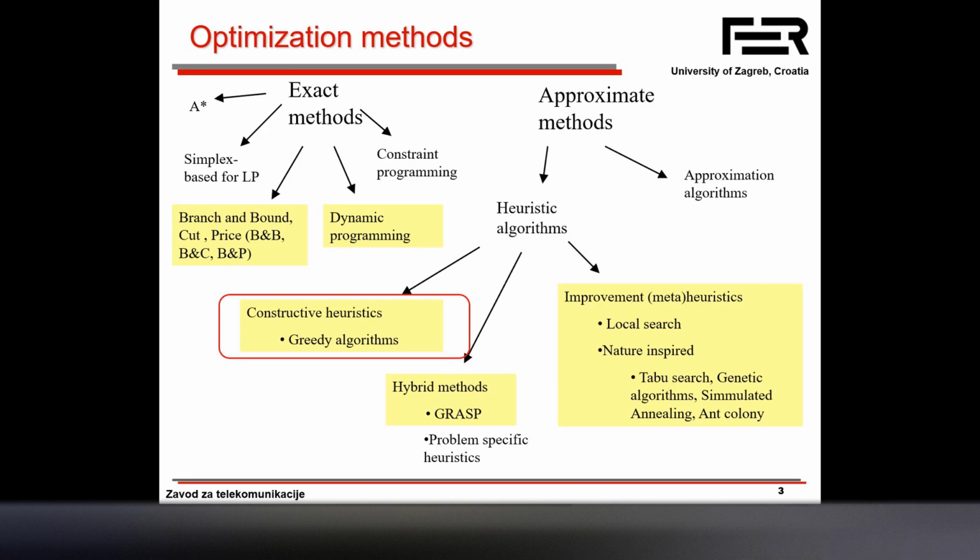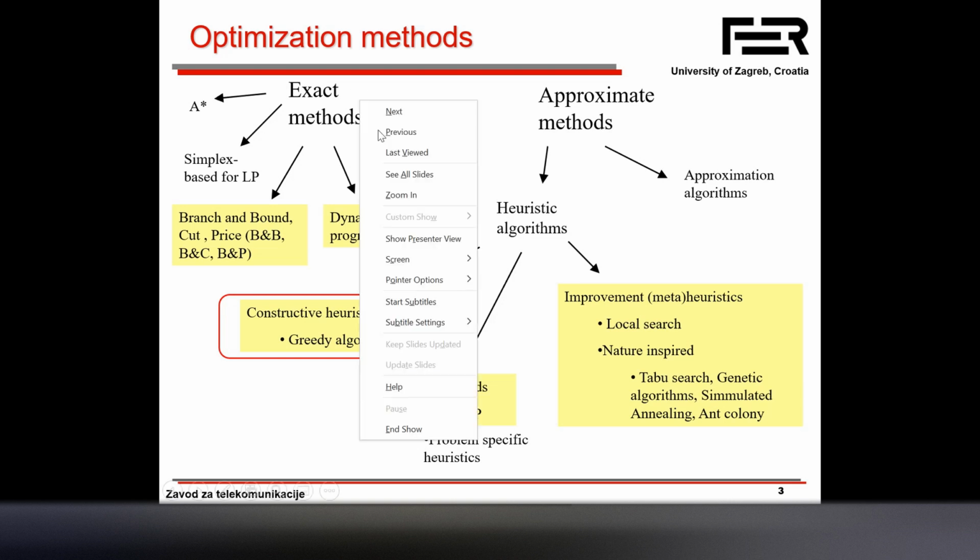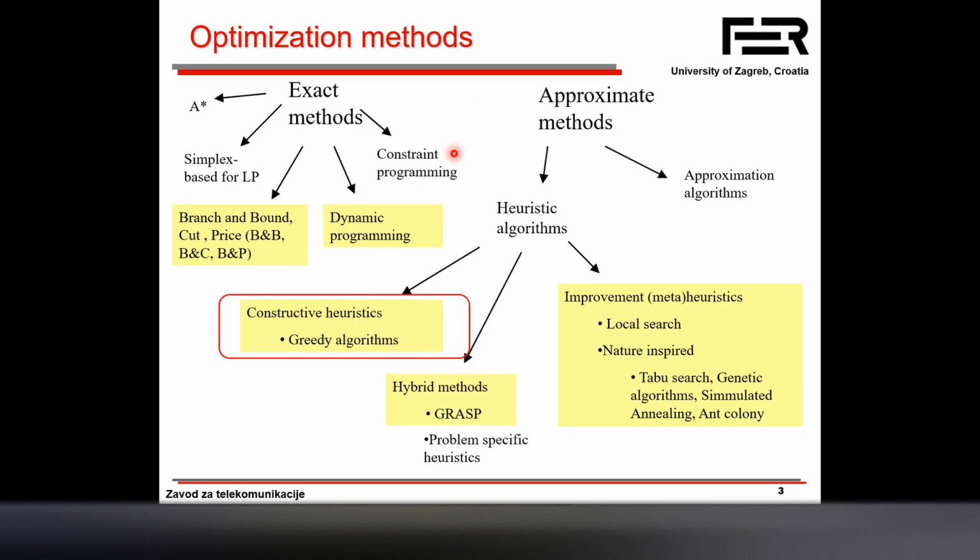Looking at our classification that we talked about previously, we can split between exact methods and approximate methods. We talked last time about branch and bound and dynamic programming as examples of exact methods.